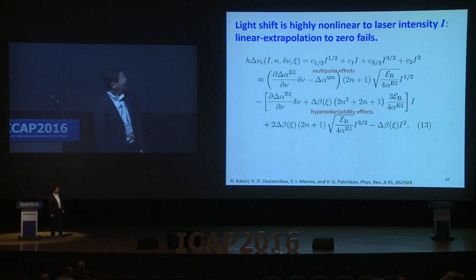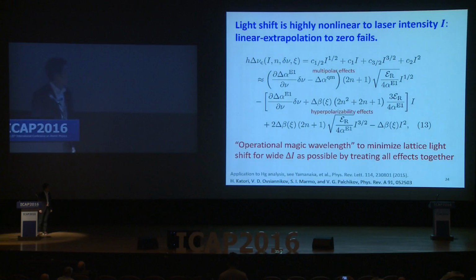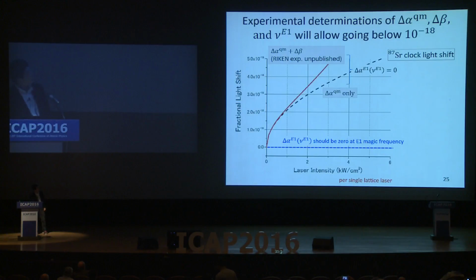So this is a very complicated dependence on intensity, by adding the multipolar effect and hyperpolarizability effect. But what we are thinking about is that this is the multipolar effect, and this one is the multipolar plus hyperpolarizability effect.